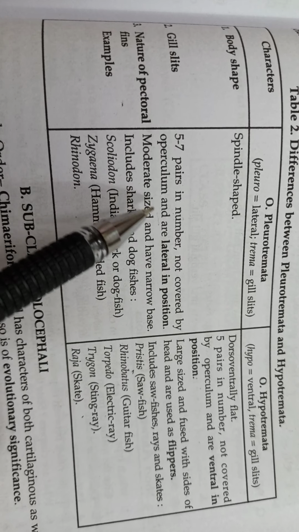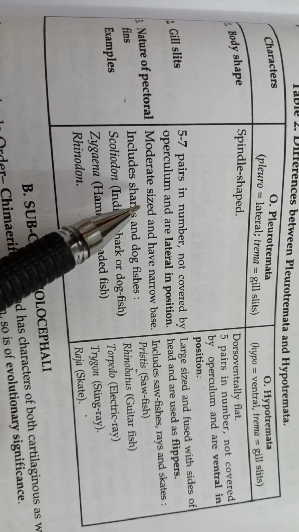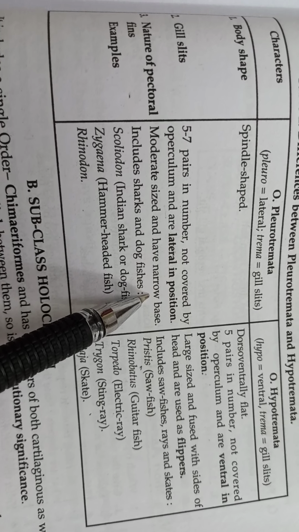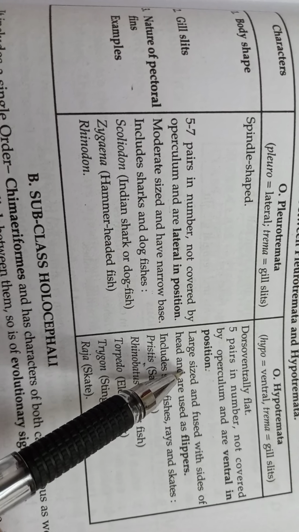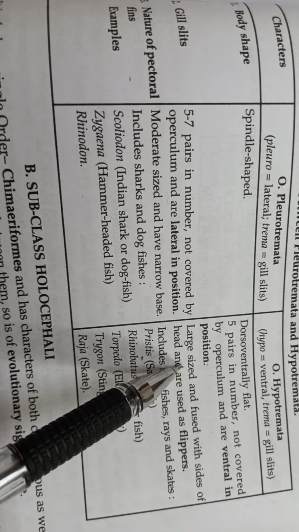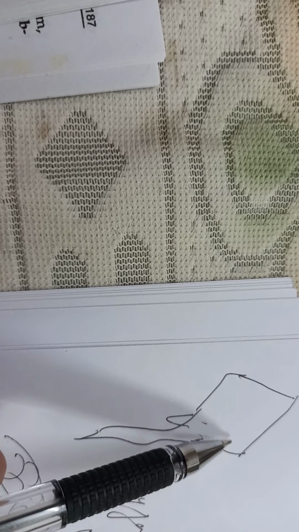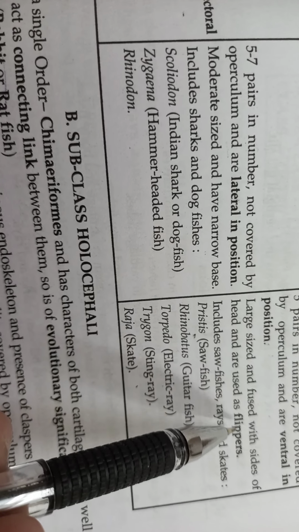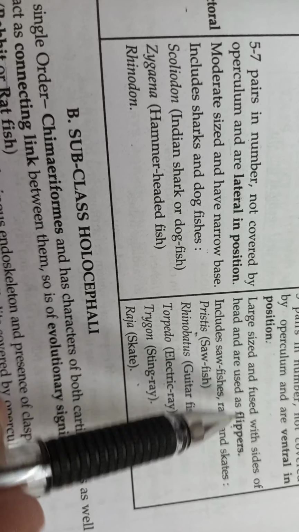In the case of Scoliodon type of fishes, they are moderate sized with a narrow base, whereas in the case of Hypotremata they are large sized and fused with the sides of the head. These pectoral fins are fused with the head only, and they use them as flippers.